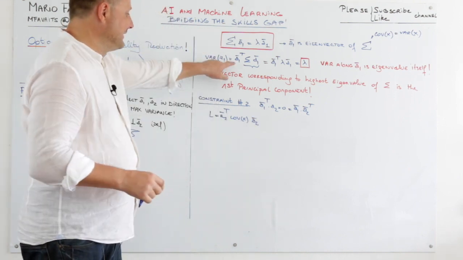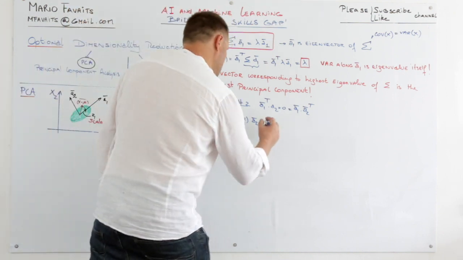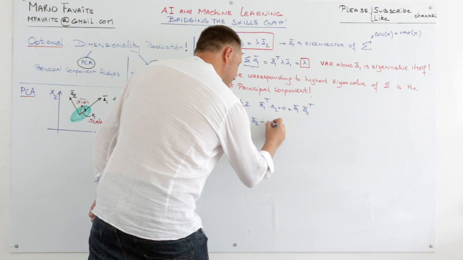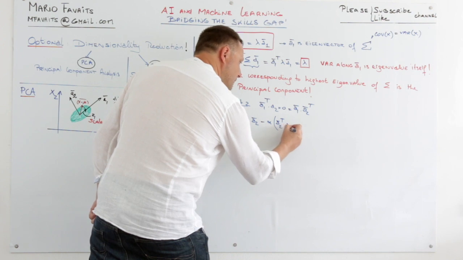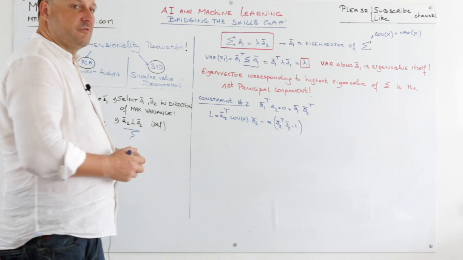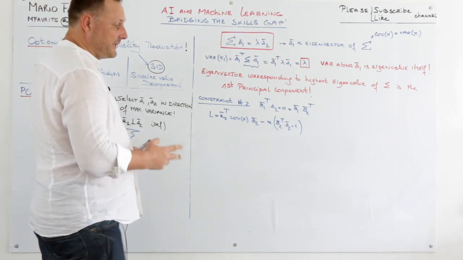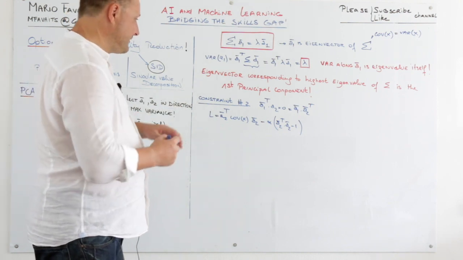That's exactly this, but applied to A2. Minus alpha, and I have that A2 transpose times A2 minus 1 equals 0. That was the first constraint, but now I replaced A1 by A2, and now we have a second constraint.